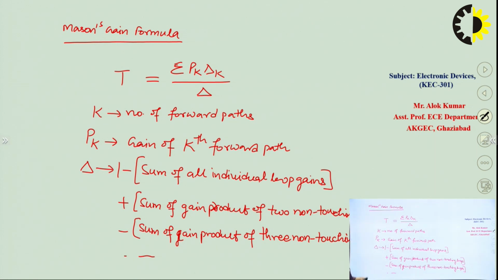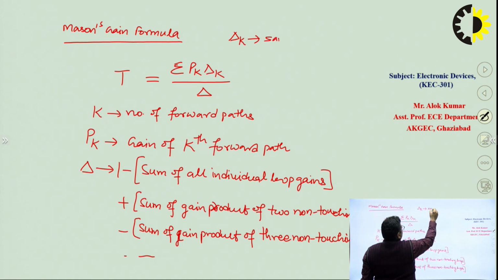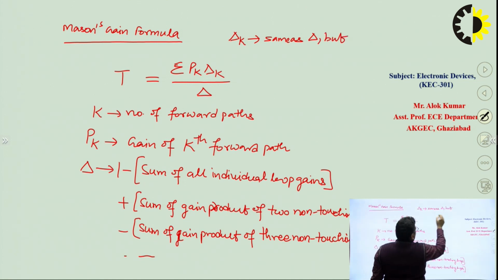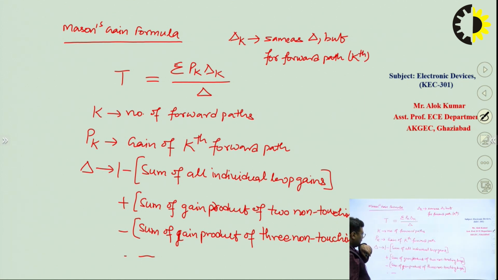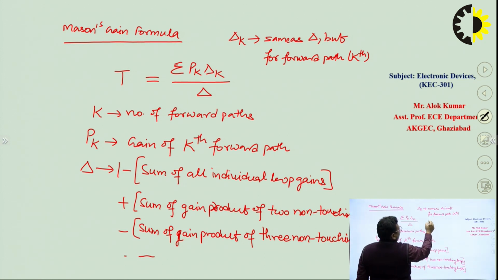So this is delta, and what is this delta k? Delta k is the same as delta, but for the kth forward path, and what we have to do is remove the touching loops for the kth forward path.